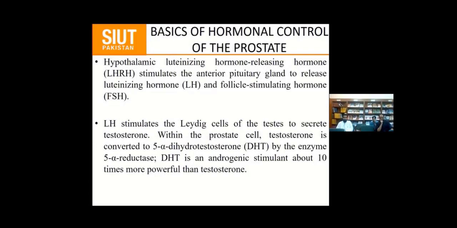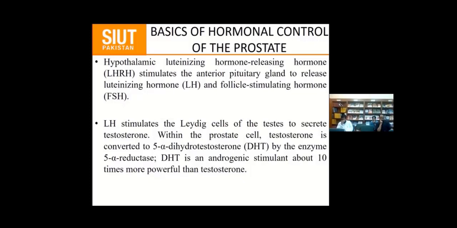The hypothalamus will produce luteinizing hormone releasing hormone, also known as gonadotropin releasing hormone, which stimulates the anterior pituitary to release luteinizing hormone and follicle stimulating hormone. The luteinizing hormone stimulates the Leydig cells of the testis to secrete testosterone.